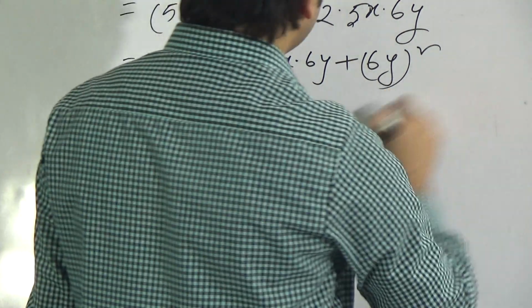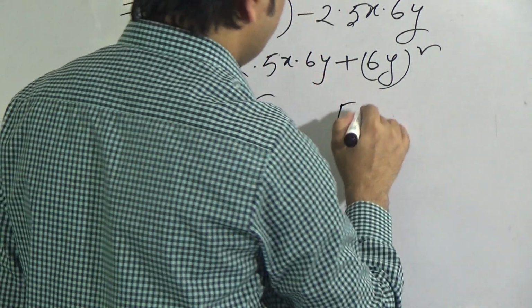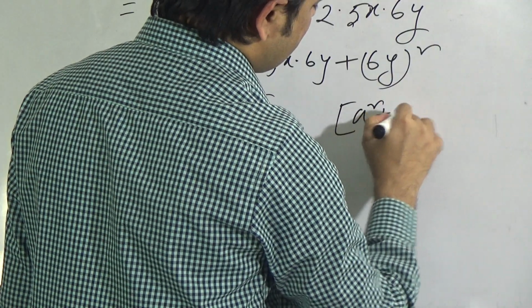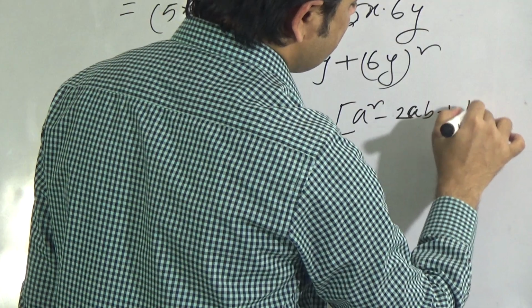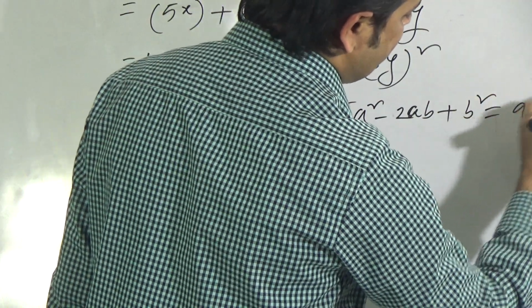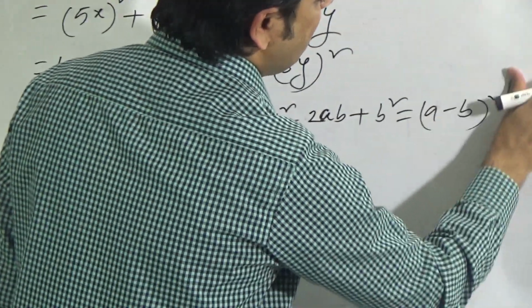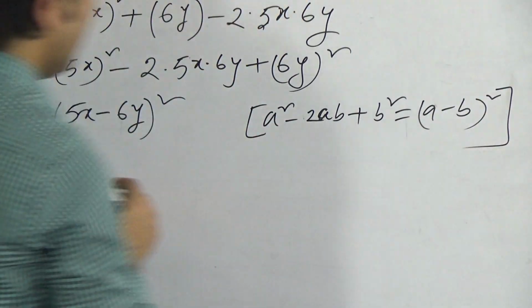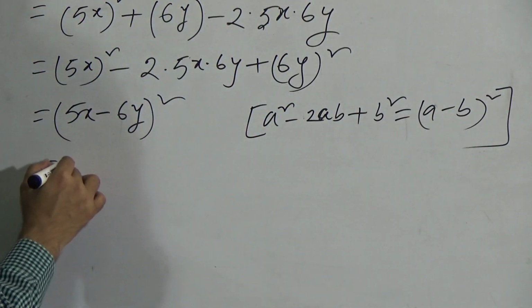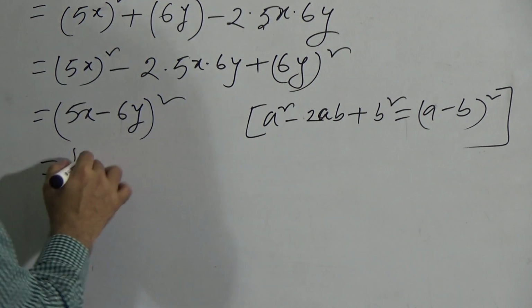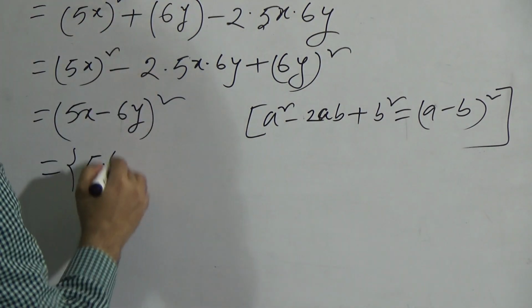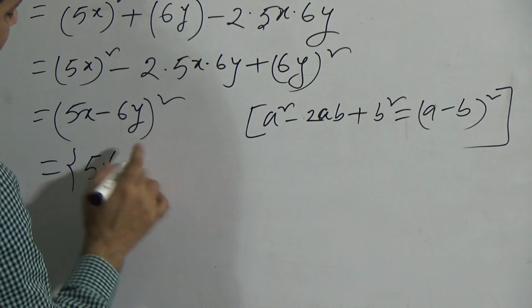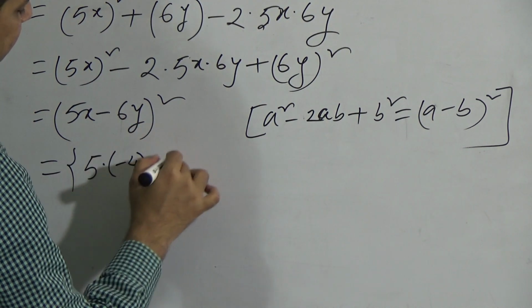As we know the formula, a square minus 2ab plus b square equals (a minus b) whole square. Now if we put the values of x and y, we will get the answer directly. 5 into the value of x, which is minus 4, so we write here minus 4, and here is minus.